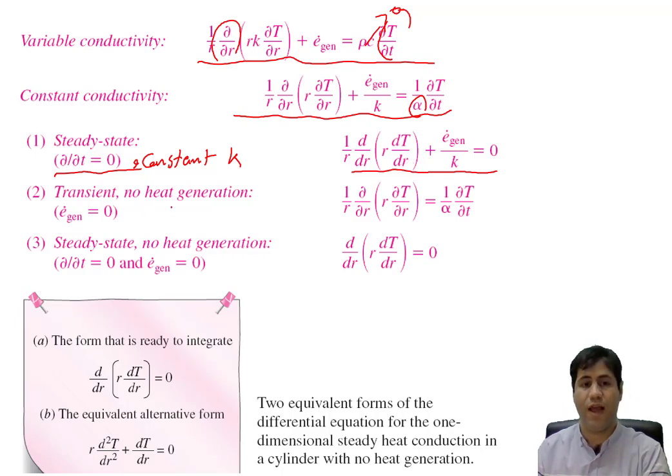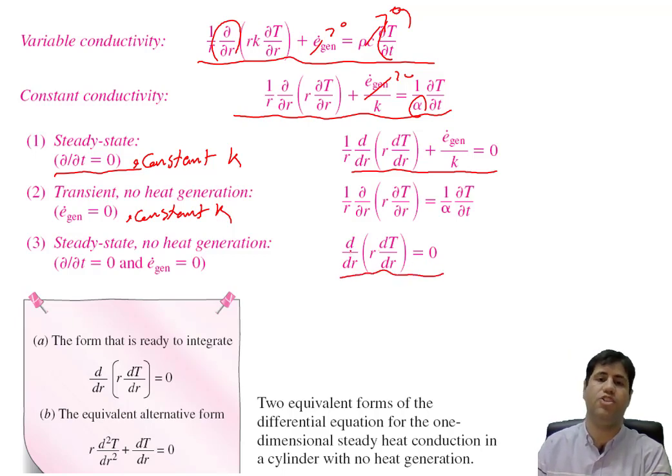When we don't have any heat generation, this term will be 0 actually, or this term better I can say. Here also constant K. When we have a steady state, in other words, this term 0, and no heat generation, this term also 0, then our equation will be this.